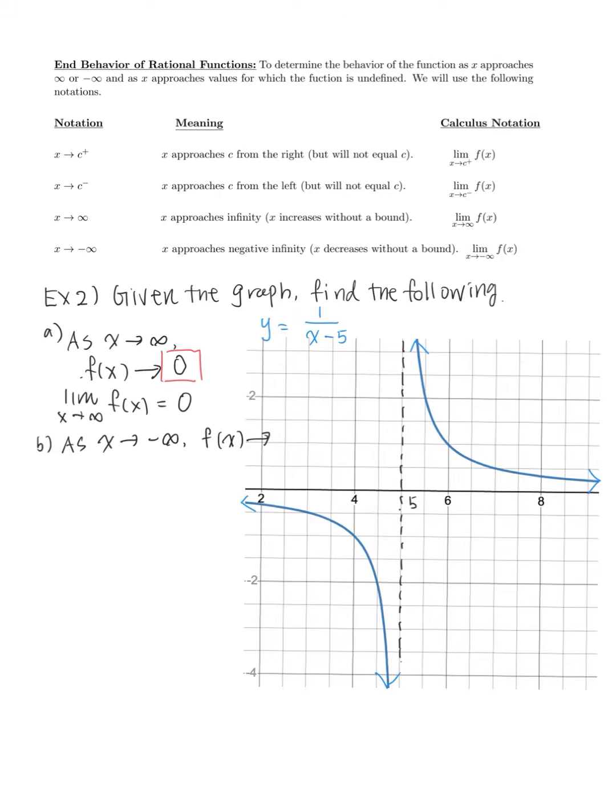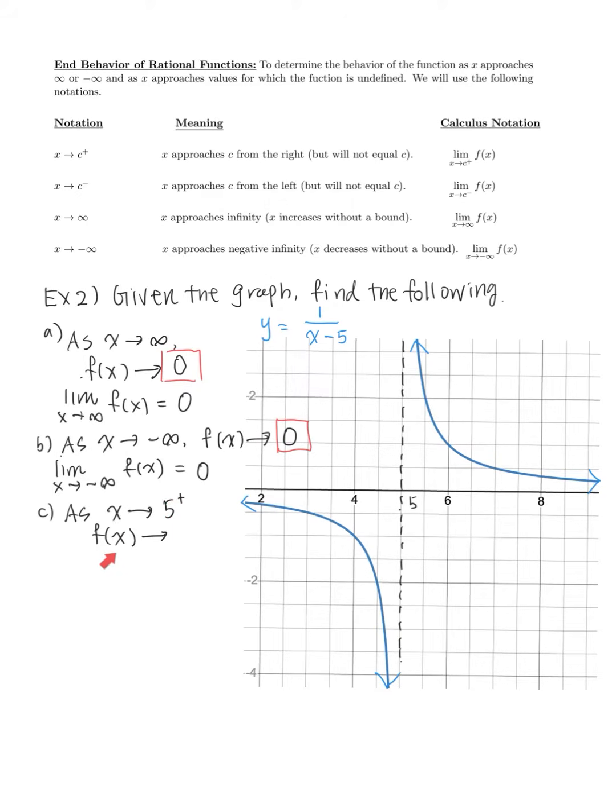So let me just write that answer: f of x is going to go to 0. And again, in calculus notation, we write this as limit as x goes to negative infinity of f of x equals 0.